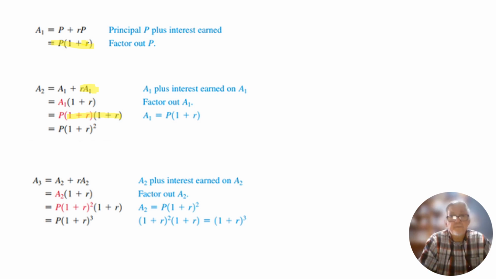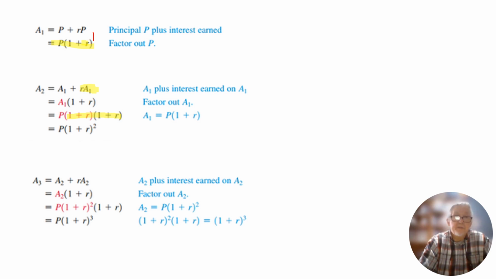Remember, there is a 1, but it's in white font. We can't see it. Now it's more explicit. At the end of the second year, it's explicit.